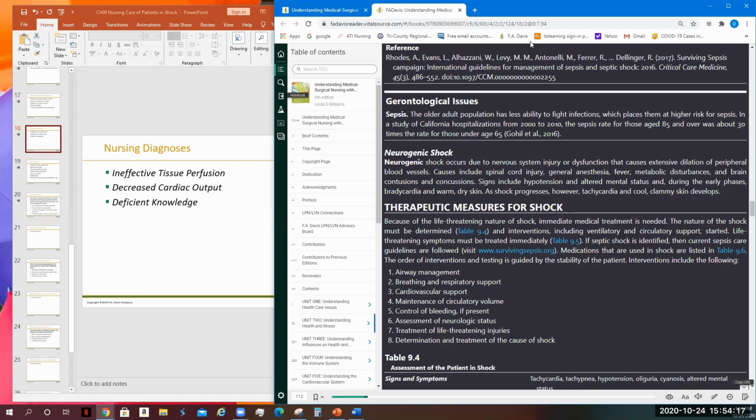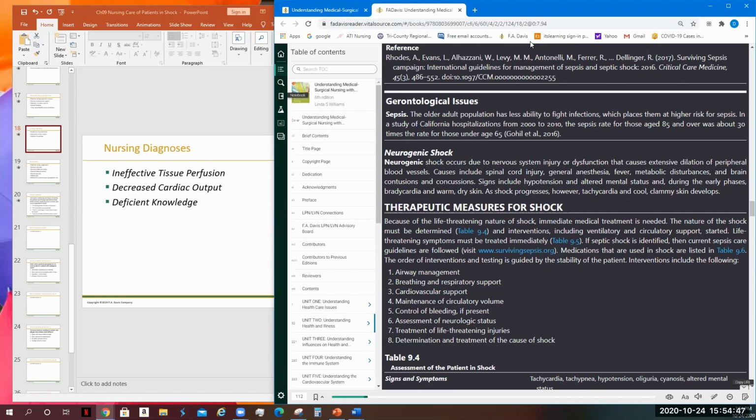The older adult population has less ability to fight infections, which places them at a higher risk for sepsis. In a study of California hospitalizations from 2000 to 2010, the sepsis rate for those aged 85 and over was about 30 times the rate for those under age 65.